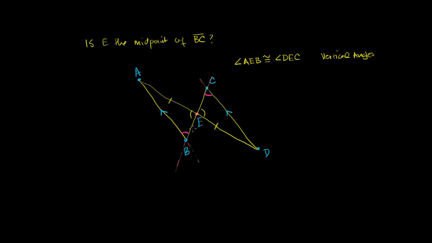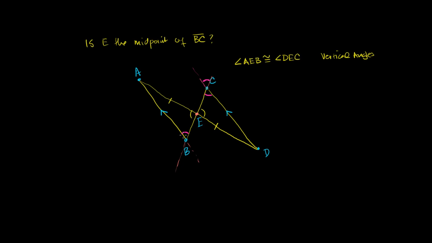And if that didn't jump out at you, you would say that the corresponding angle to this one right over here is this angle right up here, if you were to continue this line off a little bit. And then this one is vertical.